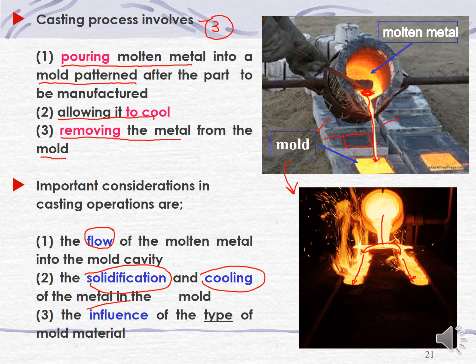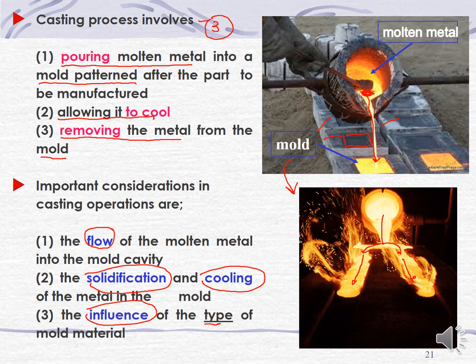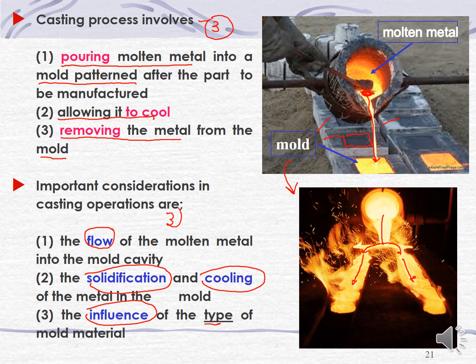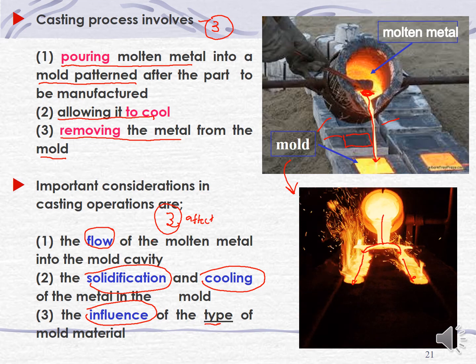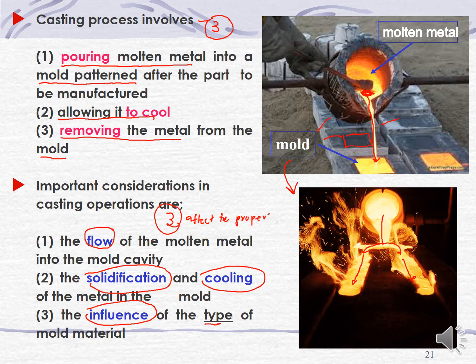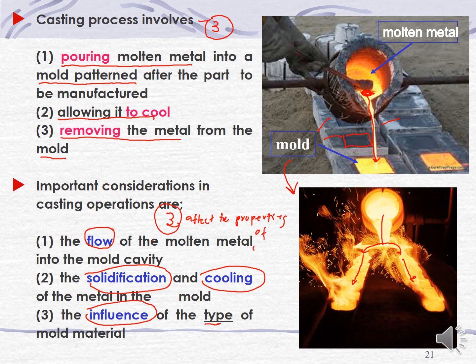And the third one is the influence of the type of mold material. These 3 factors will affect the properties of the casted product.